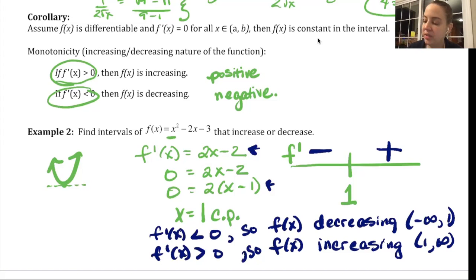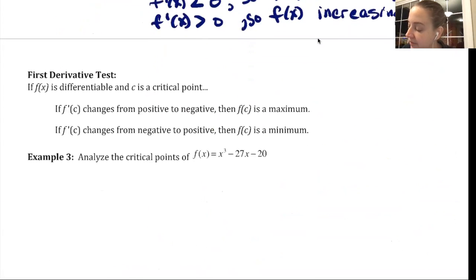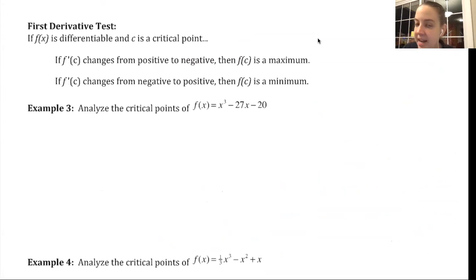All right, works for my picture. So the left-hand side is negative slope, the right-hand side is positive slope. Okay. First derivative test, let's take it a step further.